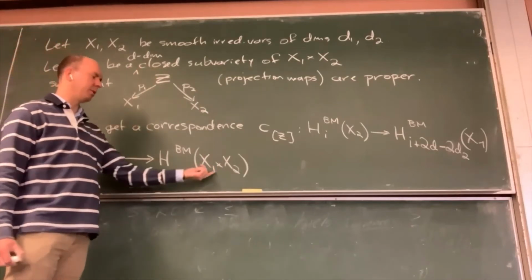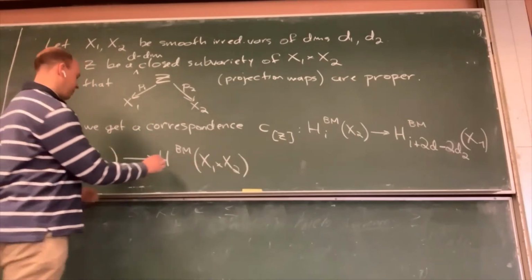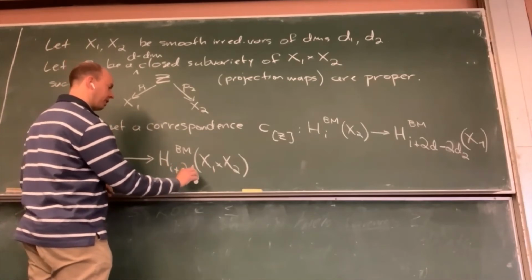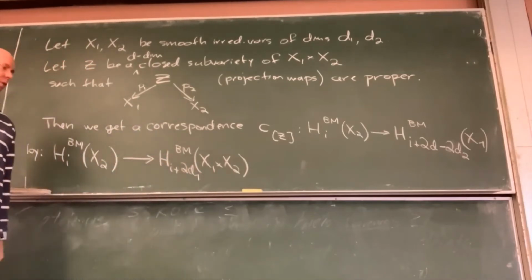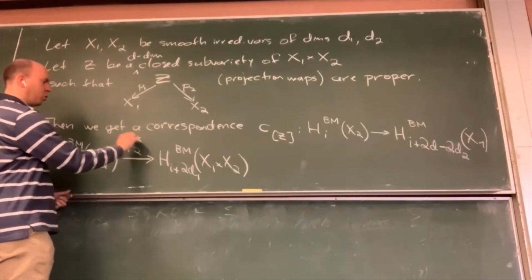So those are manifolds of real dimension 2d1. So according to the pullback property, this should go to degree I plus 2d1 Borel-Moore homology. So this is P2 pullback.